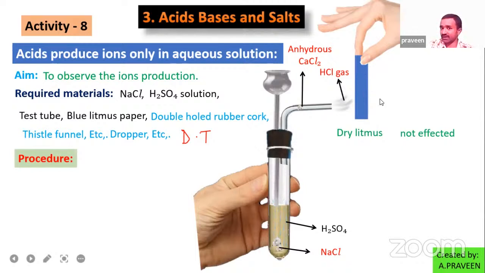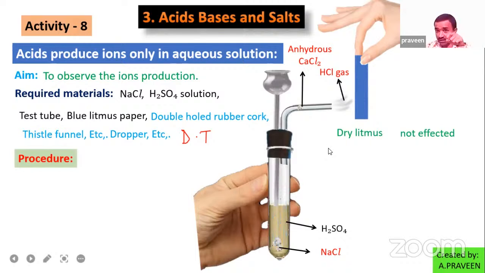Blue doesn't affect it. You can bring red litmus paper also. No effect. So can you call this HCl a neutral substance? No. Already we know that HCl dissolved in water behaves as an acid, because there we are using distilled water. We know distilled water is neutral.